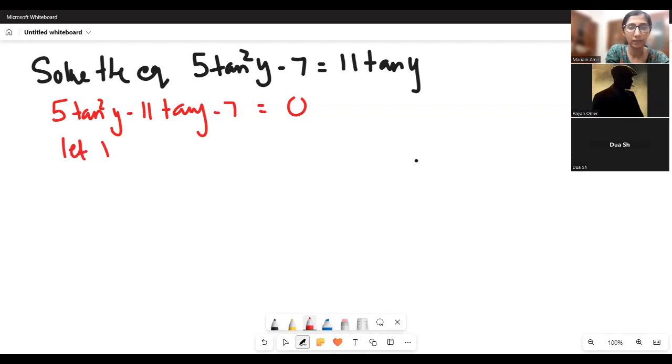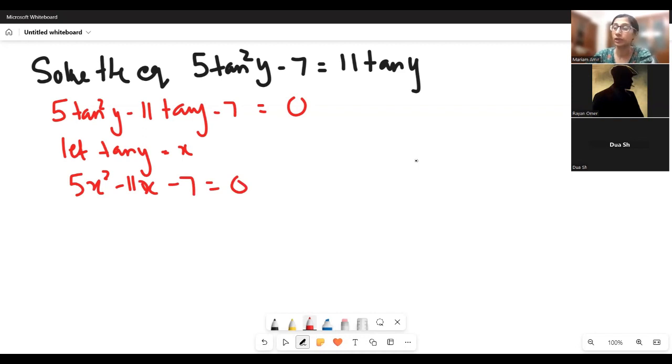Let tan y equal x. So then you get 5x squared minus 11x minus 7 equals 0. I'm going to take the help of the calculator very smartly to get the answer. I can't, it's a decimal value.